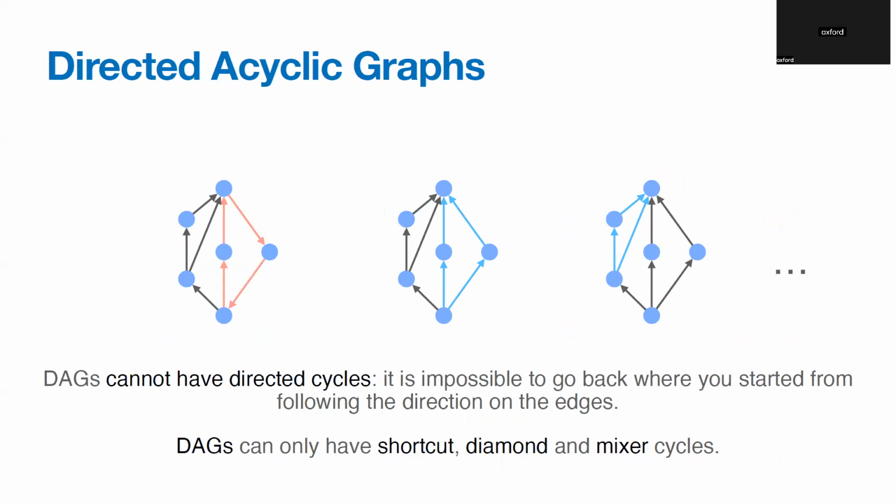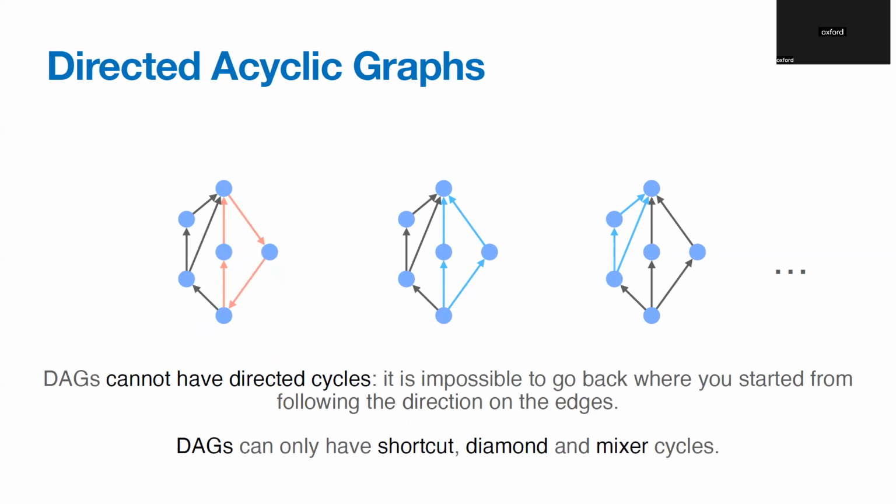And now we come to the point where we can discuss DAGs and the intersection between DAGs and generalized cycles, right? So DAGs, directed acyclic graphs, by definition, don't have directed cycles.